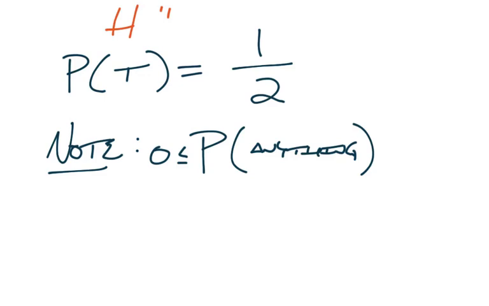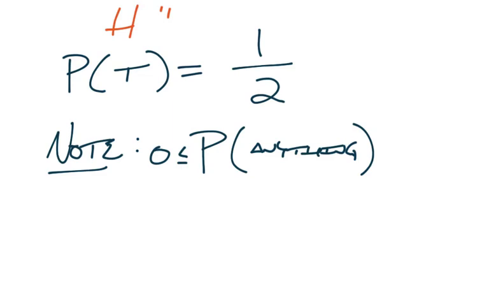So, for instance, me being drafted by the 76ers at center has probability 0. I'm 5'6" and I'm terrible at basketball, so this is just not going to happen. That is an example of an event that has probability 0.